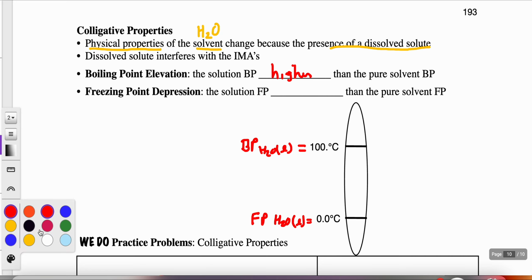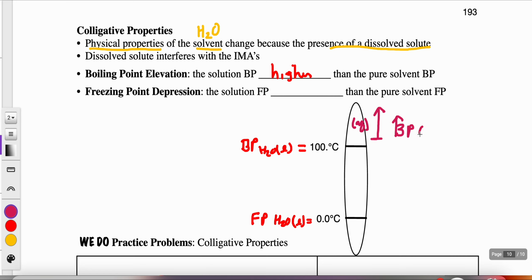So the boiling point of our aqueous solution is higher than pure water's. It's called boiling point elevation, so I like to write the B with a little arrow up at the top. The boiling point of our aqueous solution is going to be greater than 100 degrees Celsius.